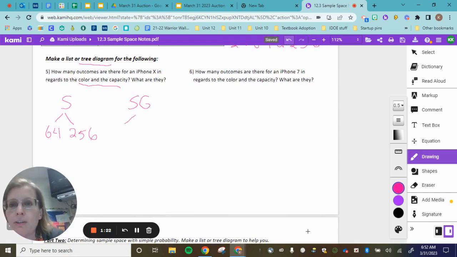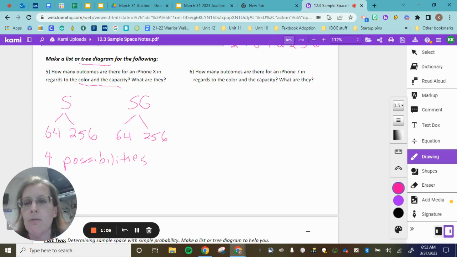And then space gray is the same choice: 64 or 256. So there are 4 different outcomes, 4 different possibilities. You could have silver 64 gigabytes, silver 256 gigabytes, space gray 64, or space gray 256.